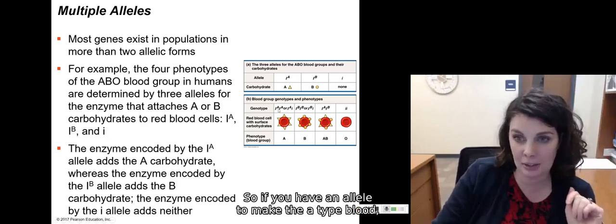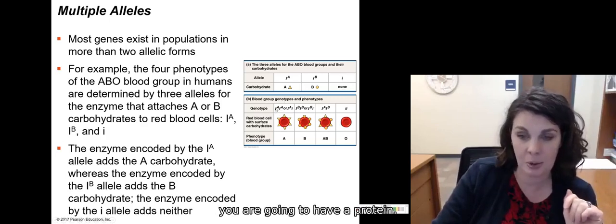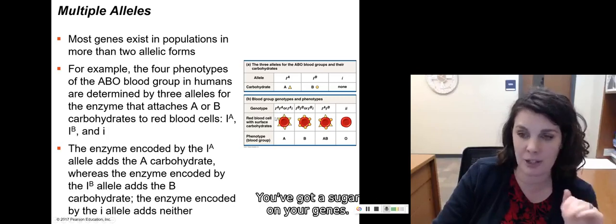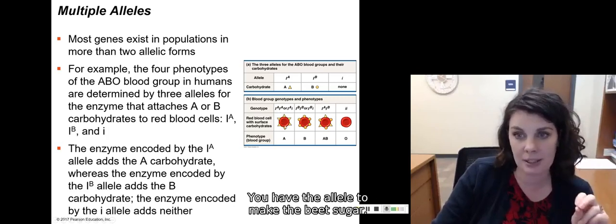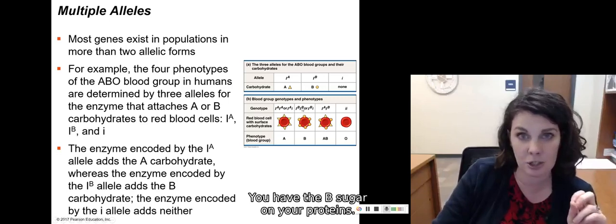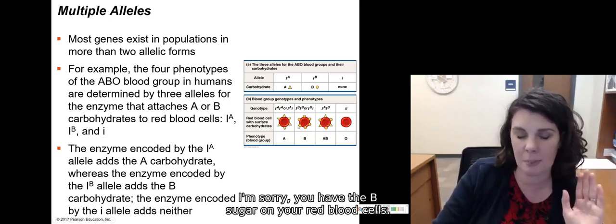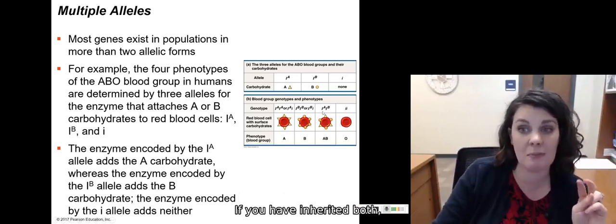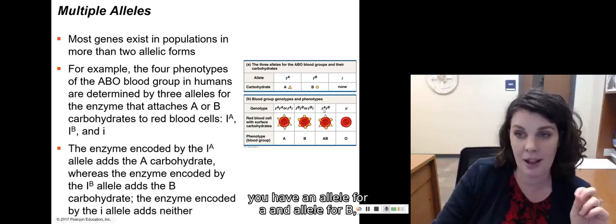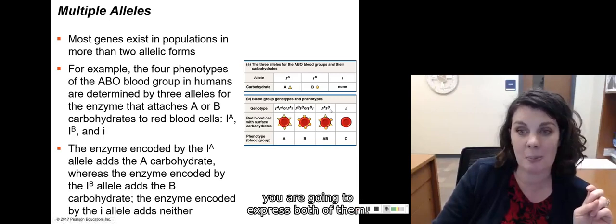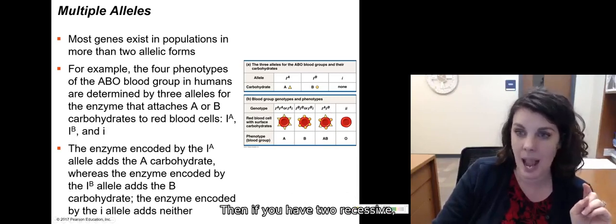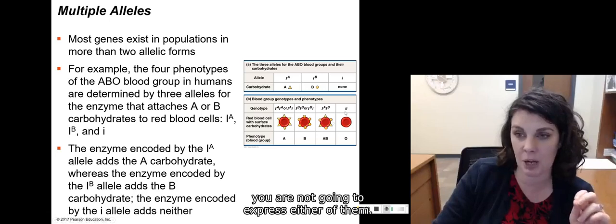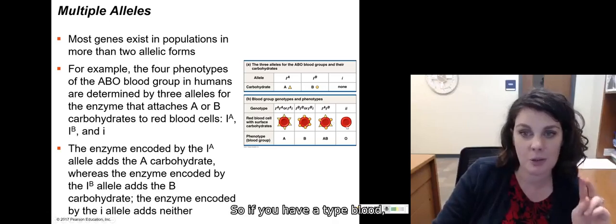So if you have an allele to make the A-type blood, you are going to have that A sugar on your red blood cells. If you have the allele to make the B sugar, you have the B sugar on your red blood cells. If you have inherited both, an allele for A and an allele for B, you are going to express both of them, okay? And if you have two recessive, you are not going to express either of them.